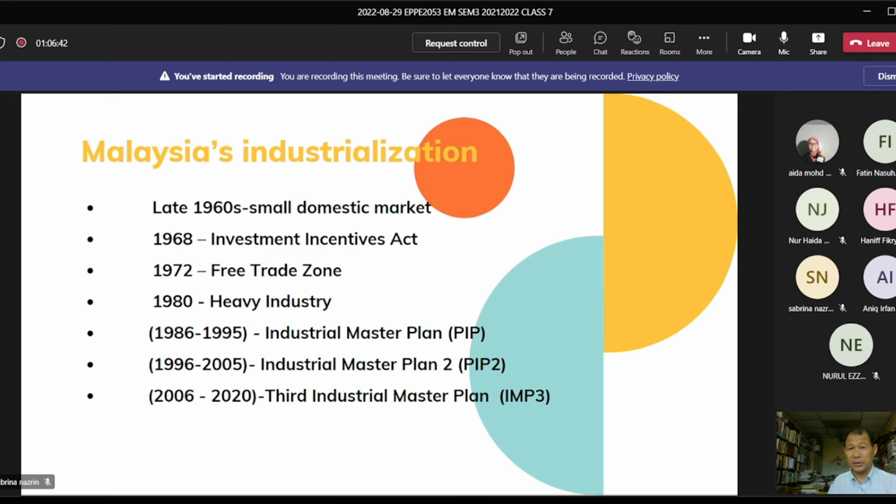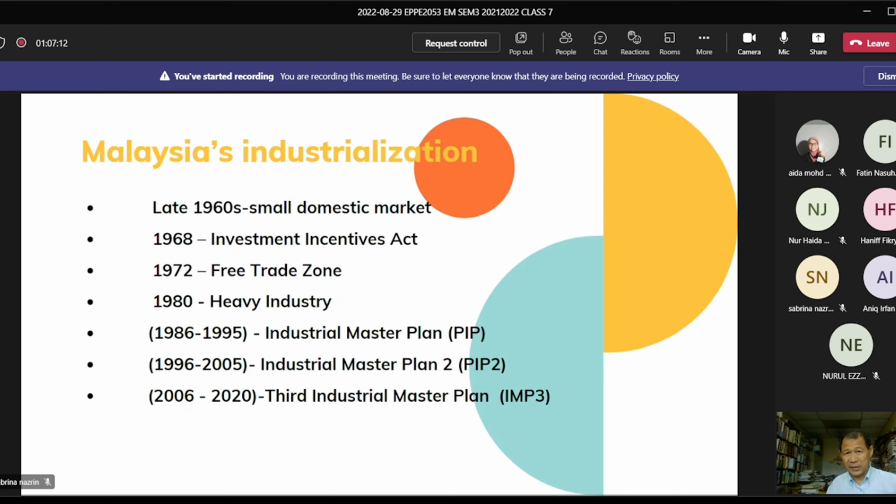So that will create misalignment in terms of prices. Domestic prices were higher than world prices.